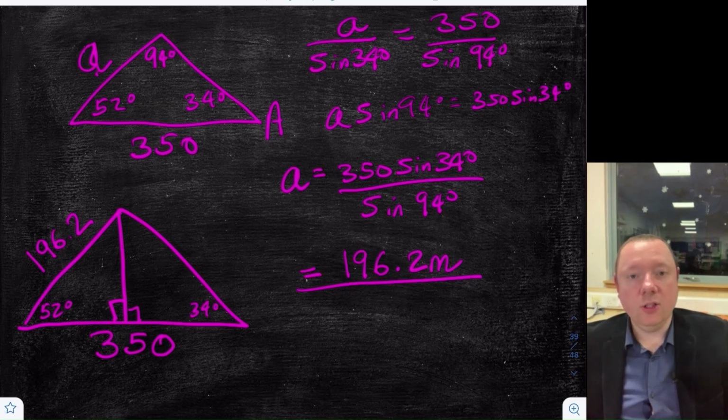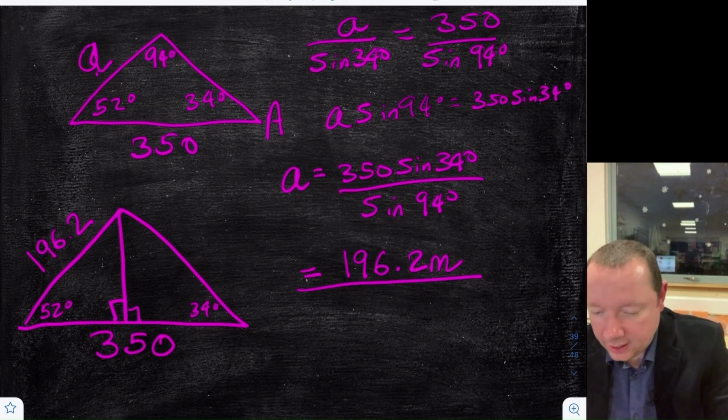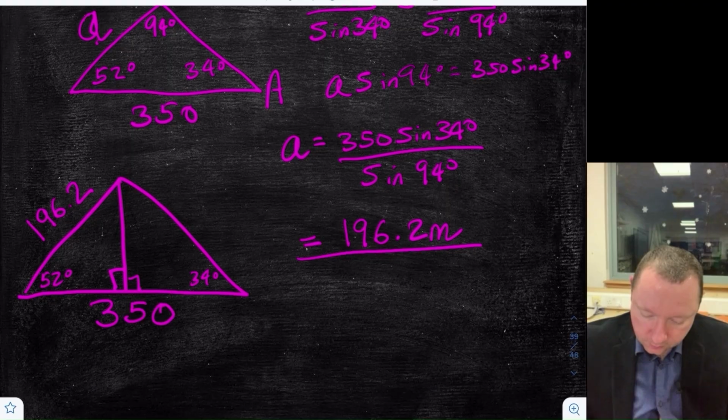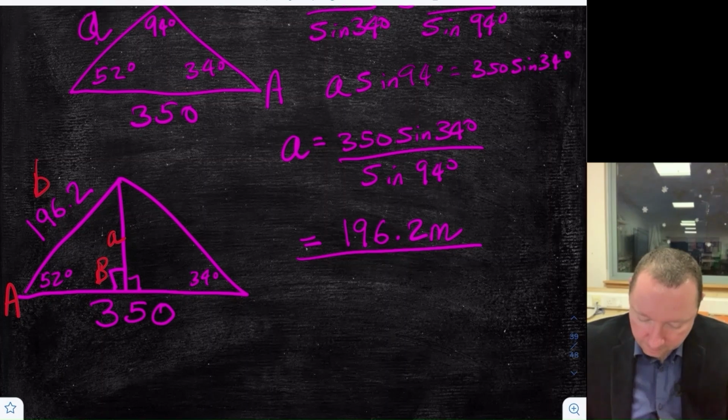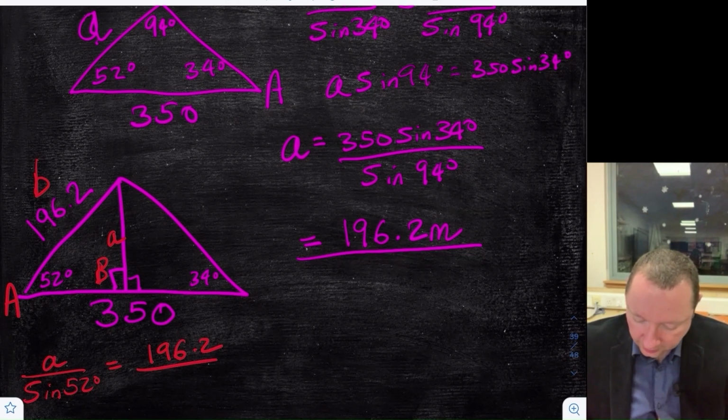The easiest way is to use the sine rule again. So we'll go ahead and do that. If I use a different colour, this one goes with this one. And this is an angle B, goes with this one here. So we can just simply write A over sine 52 equals 196.2 over the sine of 90, because that's 90 degrees.